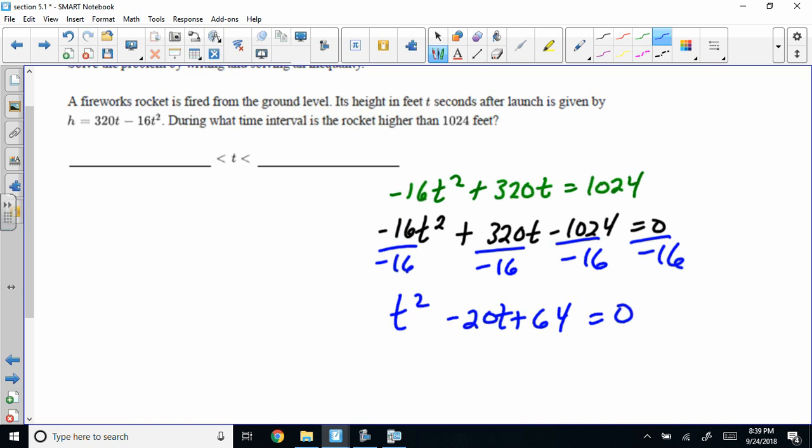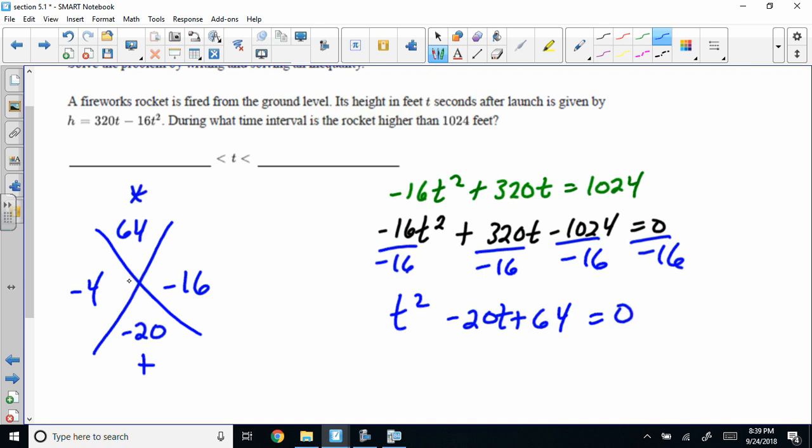What are factors of 64 that when added together give you 20? So negative 4, negative 16, right? Because those add together to give you negative 20, but they multiply to give you positive 64.